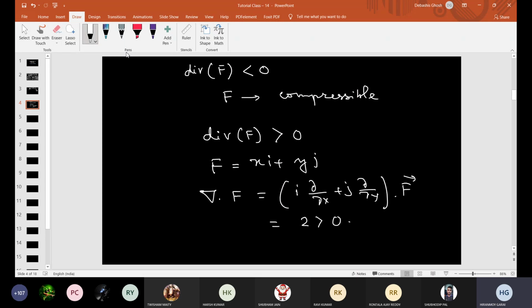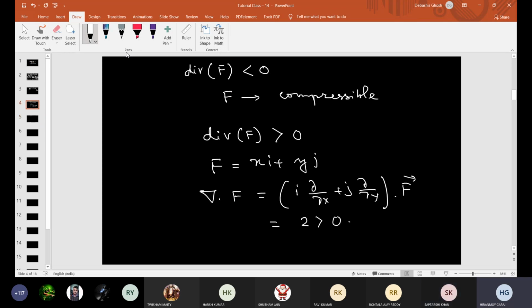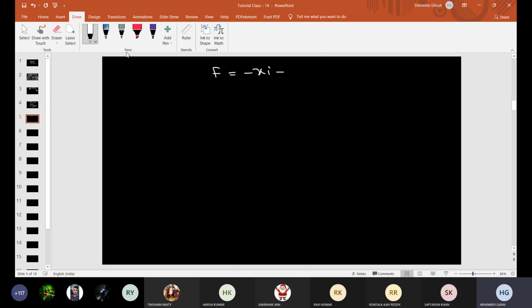If we consider f equal to minus xi minus yj, then you can find the divergence of f by the same operator.